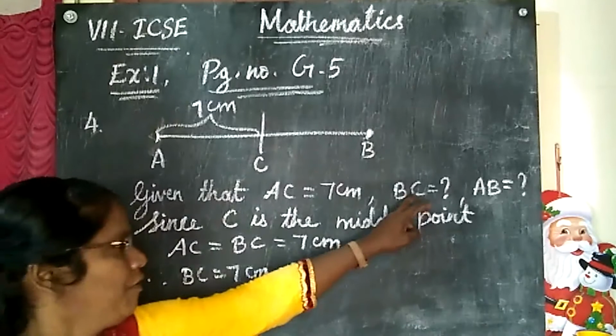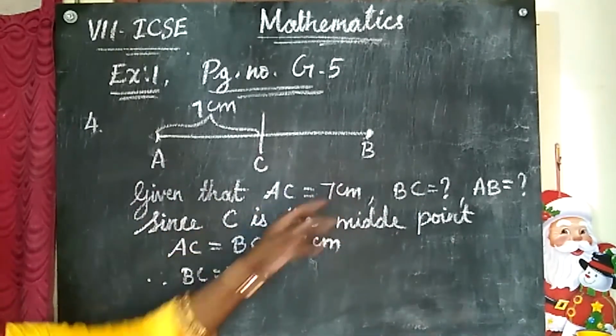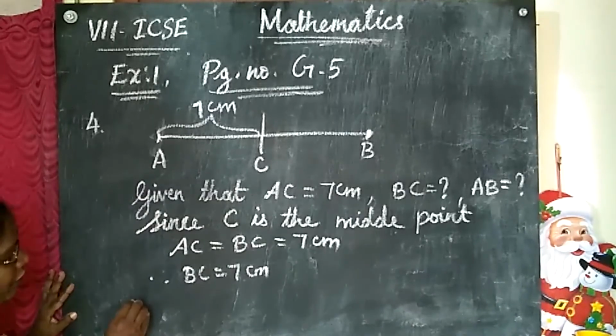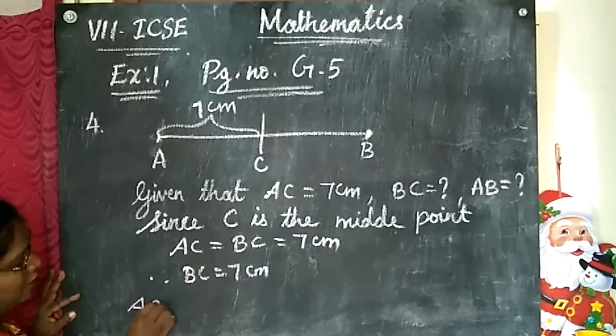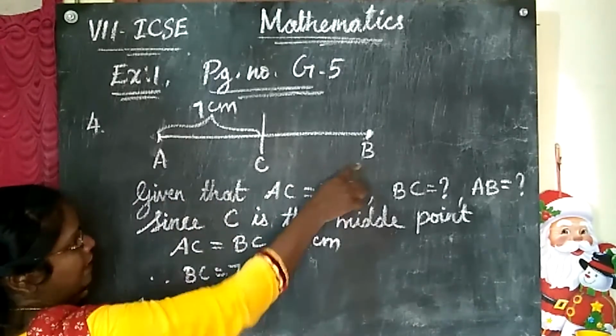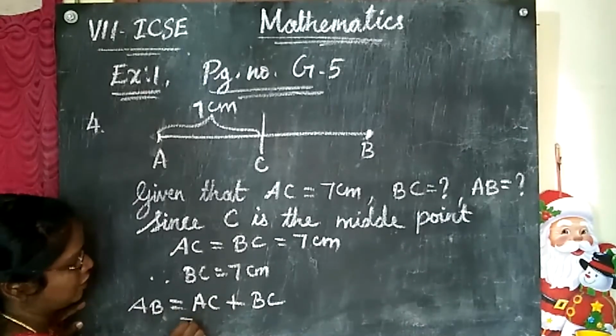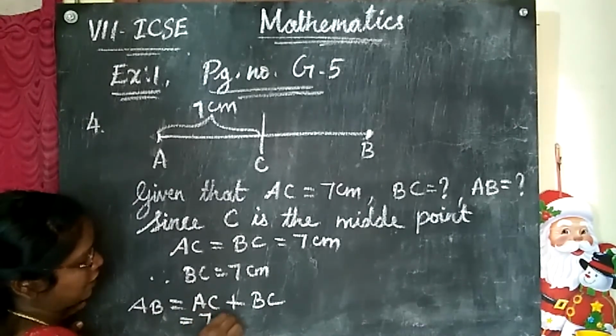Okay, one we found now. We found BC. Now next we need to find AB. AB how can we write? AC plus BC. AC plus BC, that is equal to, what is AC? 7 cm.